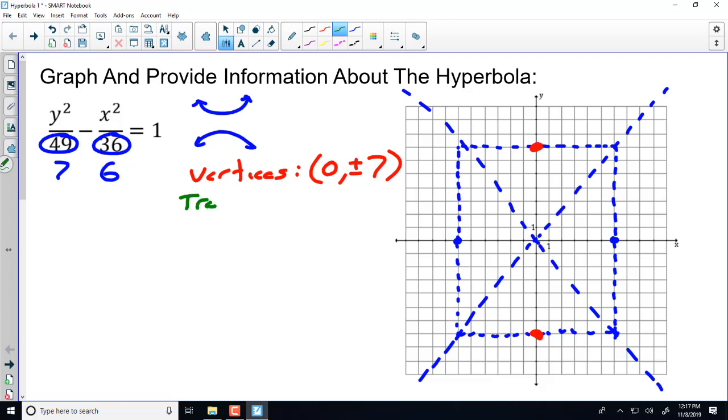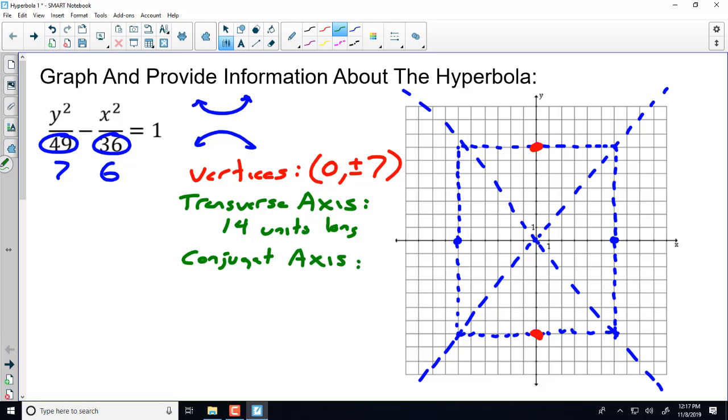So my transverse axis connects the vertices, and it's going to be 14 units long. My conjugate axis is the other way across the box, and it's only going to be 12 units long. In this case, the transverse axis is longer, but that's not always the case.